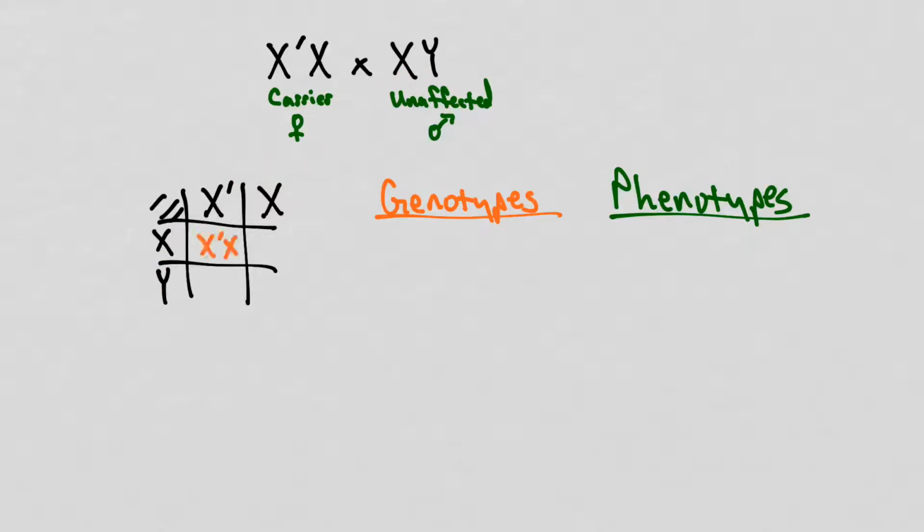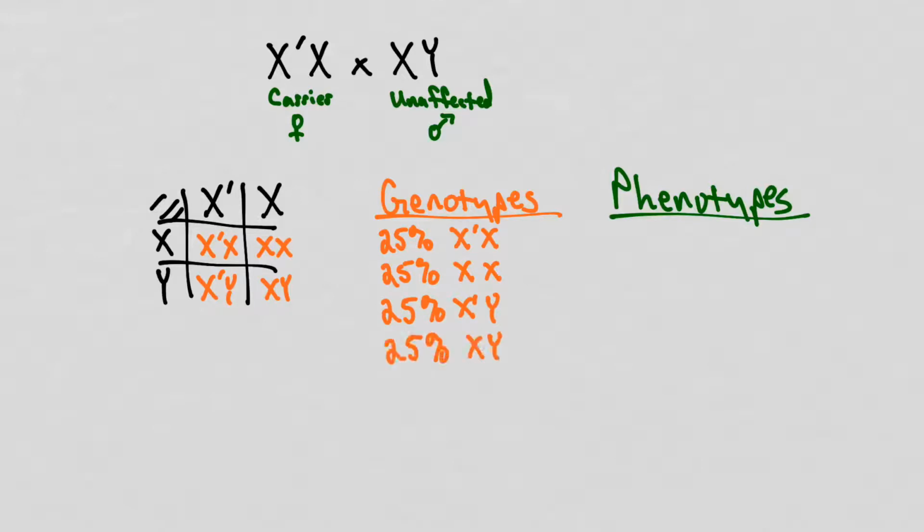When we do the cross, what we can see as we bring them over and down, we can get each of these possible offspring. If we look at the genotypes, notice that we get 25% X prime X, 25% XX, 25% X prime Y, and 25% XY.